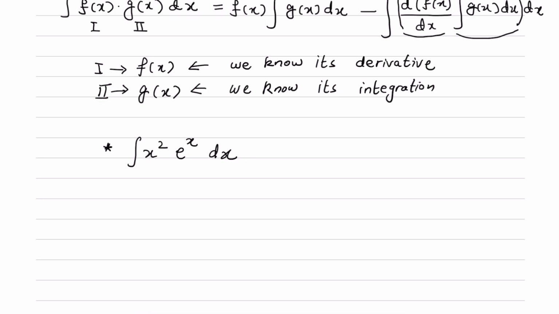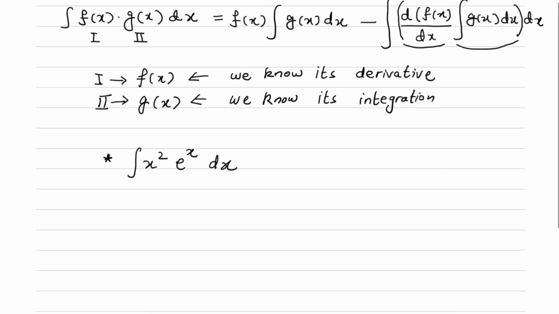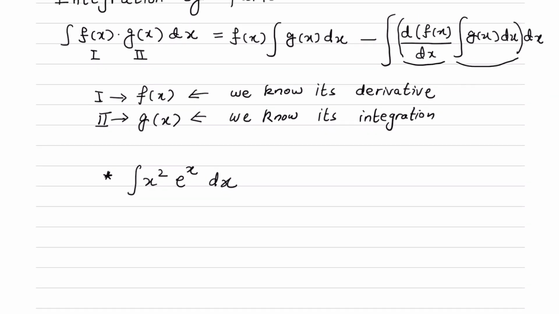We know that we are going to call that function the first function for which we know its derivative, and a function will be called the second function for which we know its integration. Now in this case, if we call x square the first function and e power x the second function, we will check if it is all right.